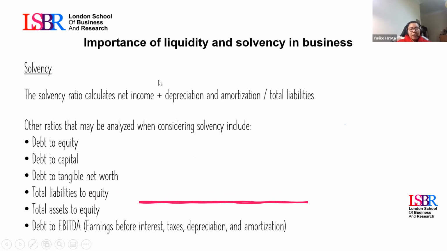There is another ratio with which we can calculate solvency: the solvency ratio, which is net income plus depreciation and amortization divided by total liabilities. Other ratios that we can take into consideration are debt to equity, debt to capital, debt to tangible net worth, and total assets to equity.